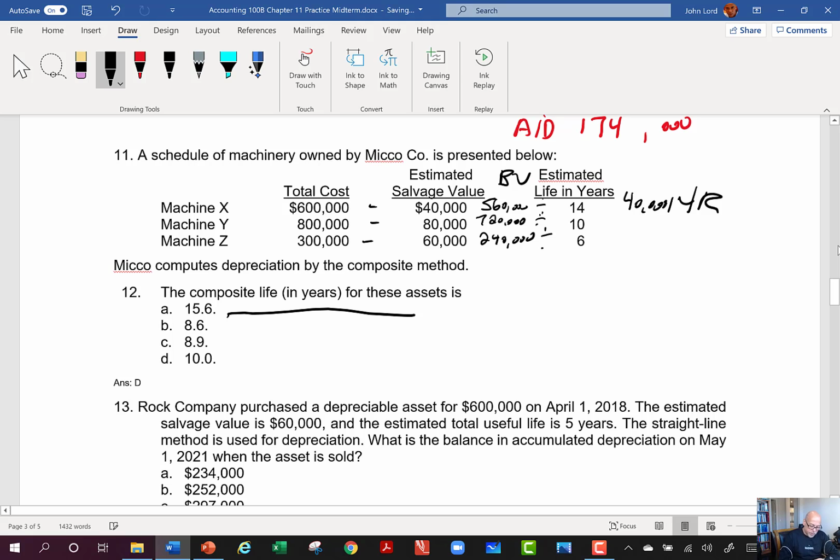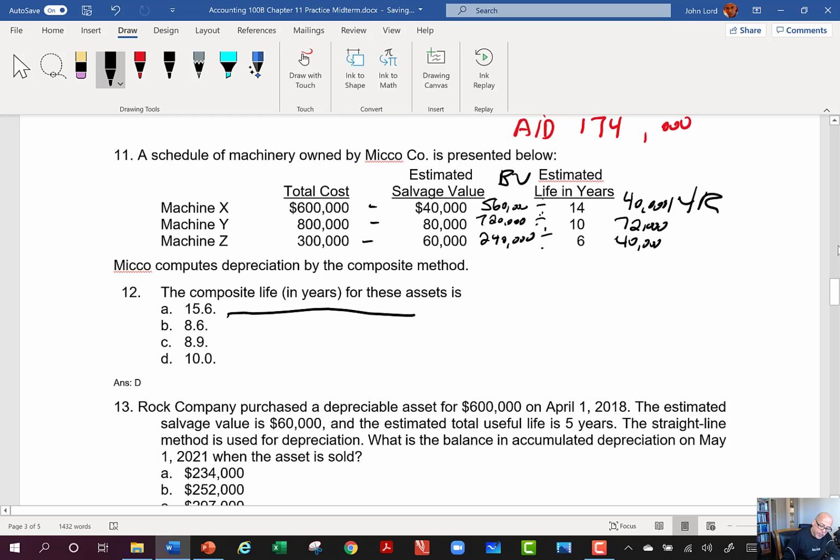Then 720,000 divided by 10 gives me 72,000 per year. And then 240,000 divided by 6 gives me 40,000 per year.